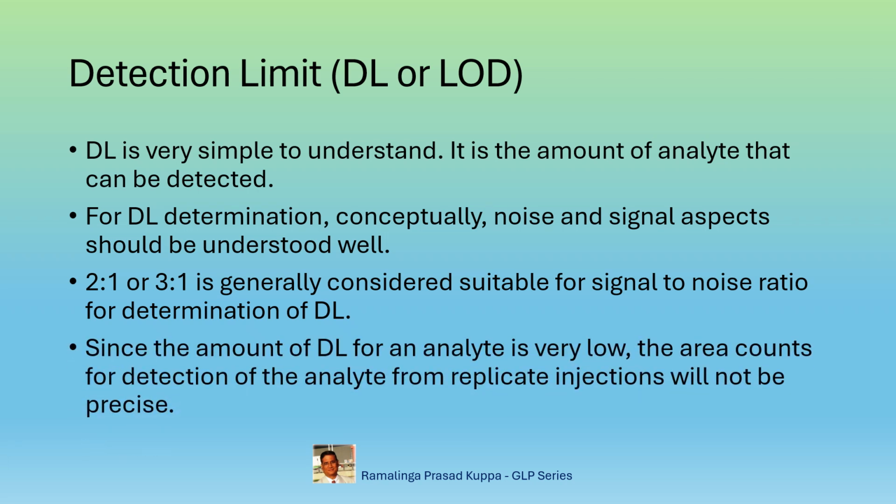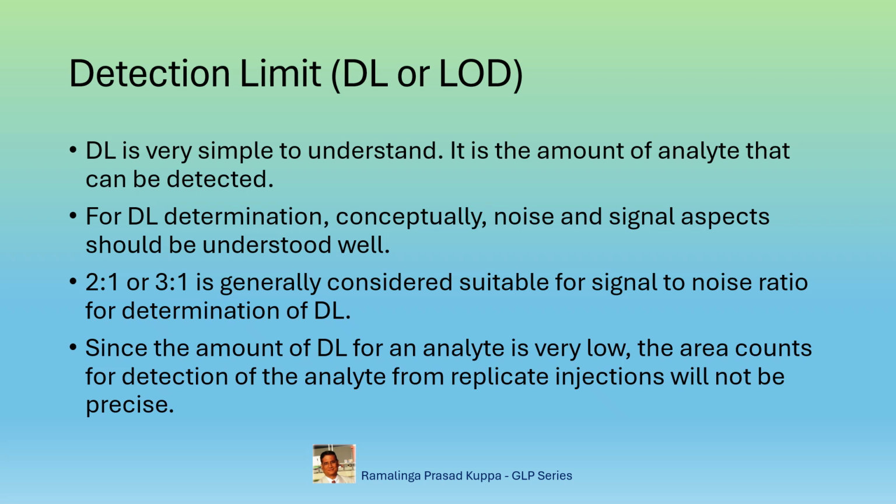Since the amount of DL for an analyte is very low, the area counts for detection of the analyte from replicate injections will not be precise. The variation in peak areas at the detection limit is not consistent.